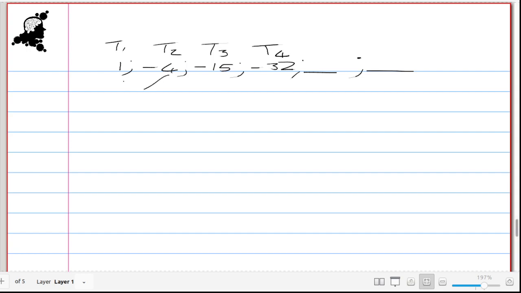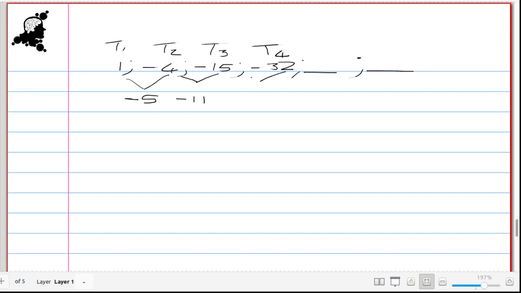If I say T2 minus T1, I'm determining the first differences now. So -4 minus 1, that's going to give me -5. Then I say -15 minus -4, that's going to give me -11. Then I say -32 minus -15.